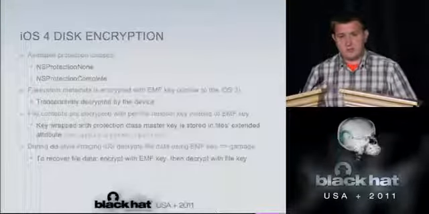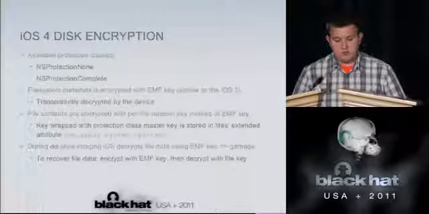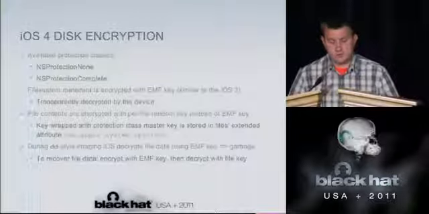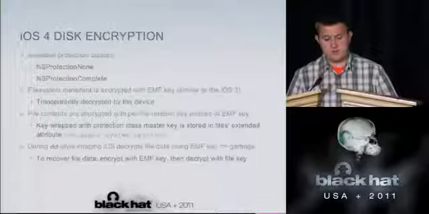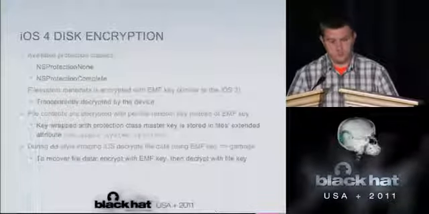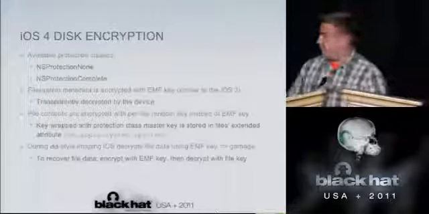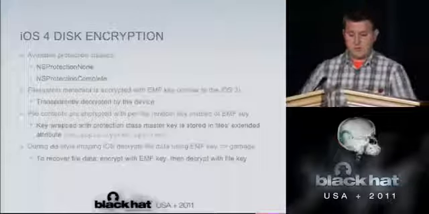Each file is encrypted with a random, unique key, and this key is then protected with the content protection key, and this protected key is stored in the extended attribute of that file. Now, this is the problem which we faced with the raw images.